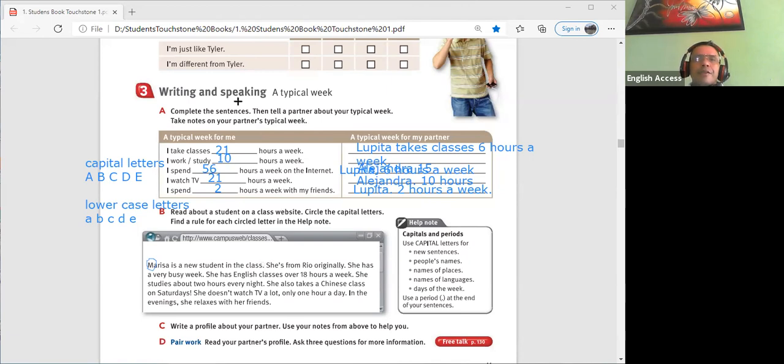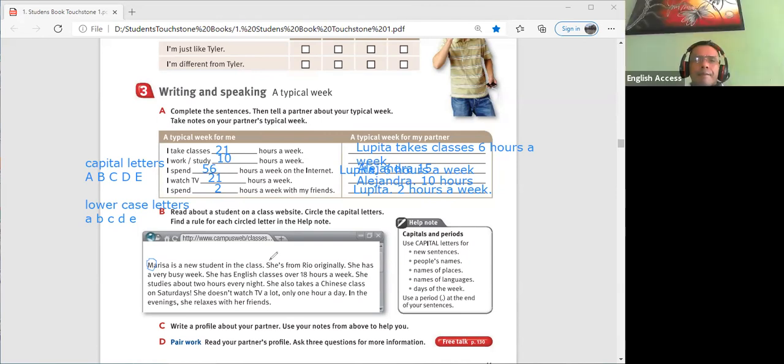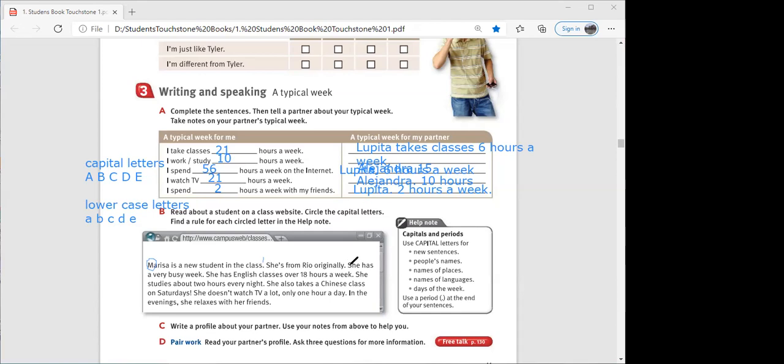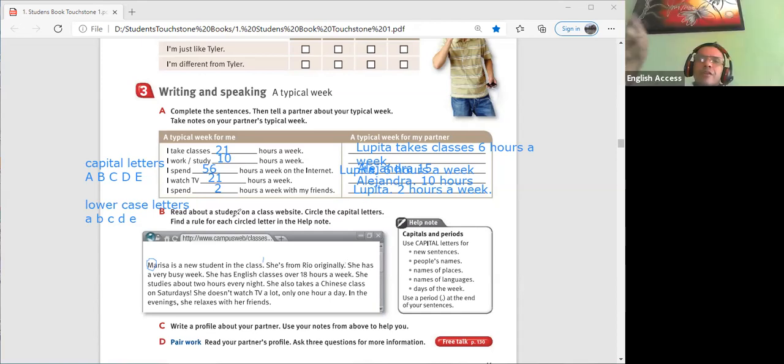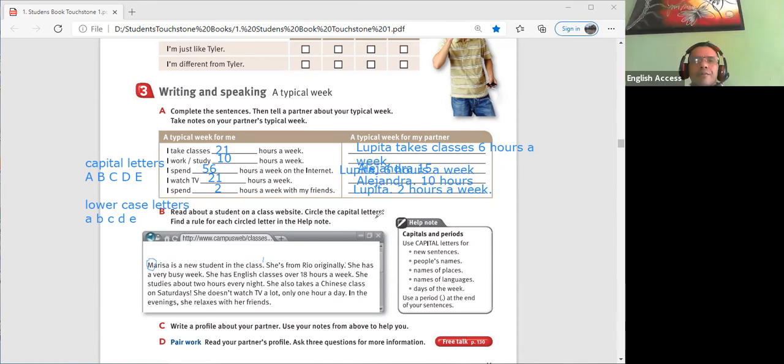You have periods here. Oh, hold on. You have a period here. After a period, you always use a capital letter. Period, capital letter. So you need to circle the capital letter. So that's what you have to do.